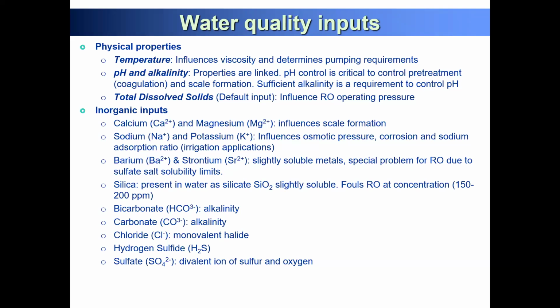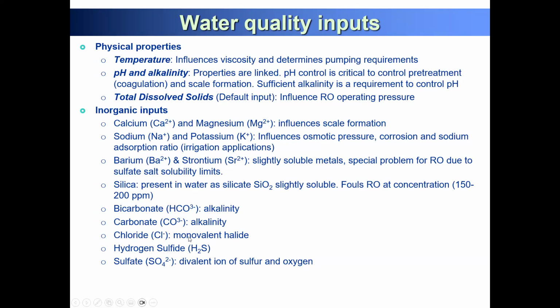So if you have barium and strontium ion concentrations, the software will also calculate the fouling potential from this material. Also silica, present in water as silicate, SiO2, is soluble but fouls at concentrations of 100 to 200 milligram per liter.